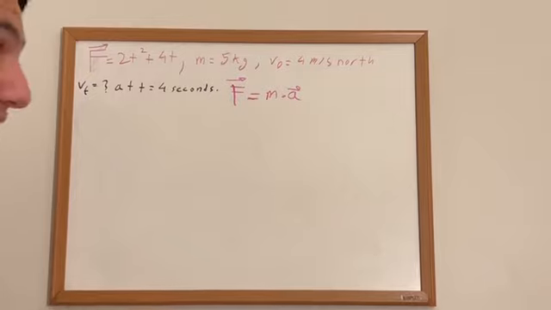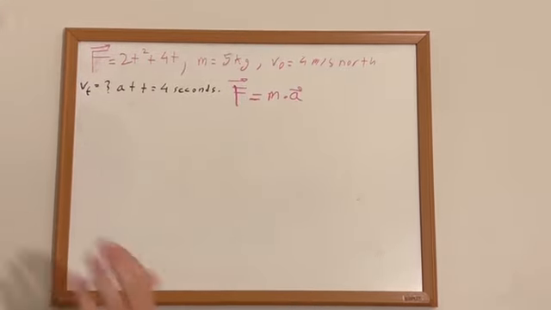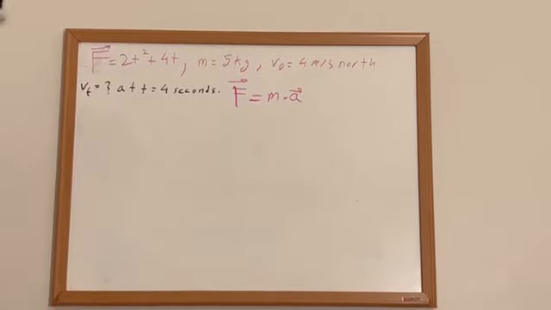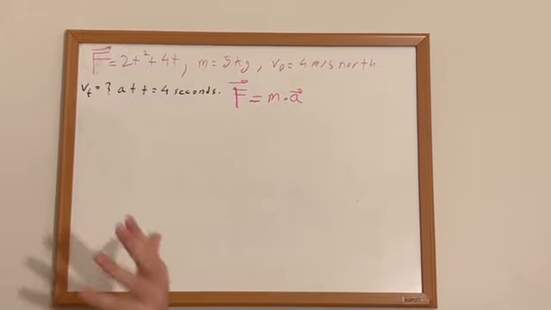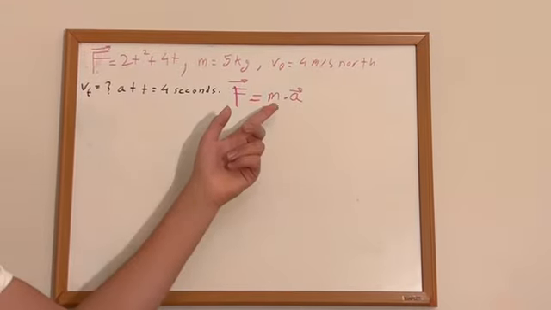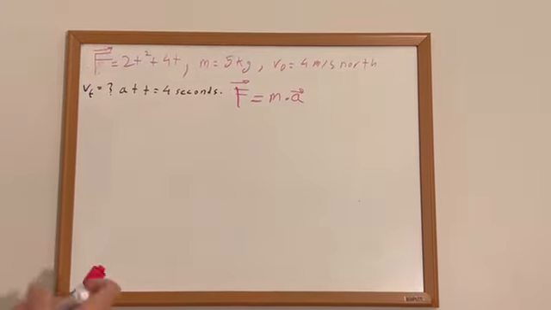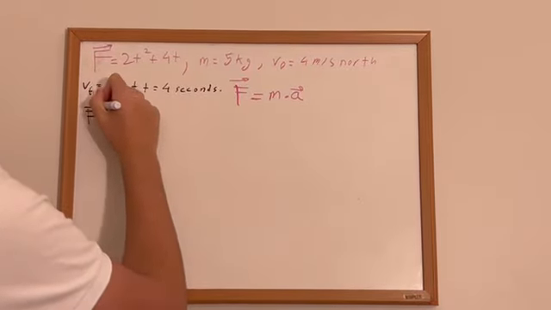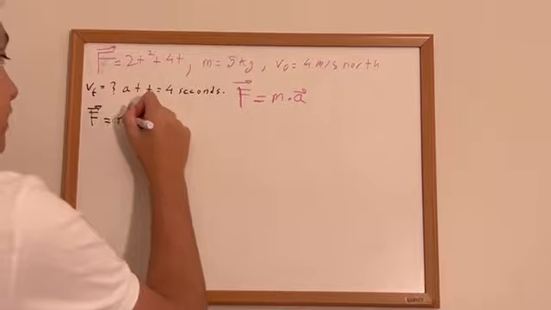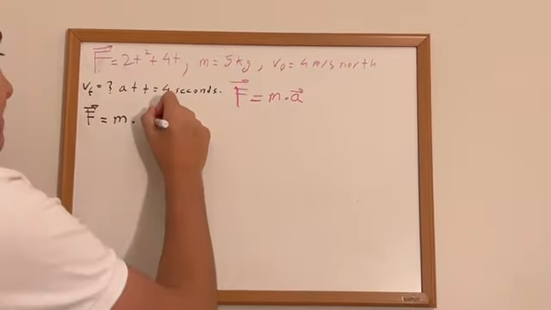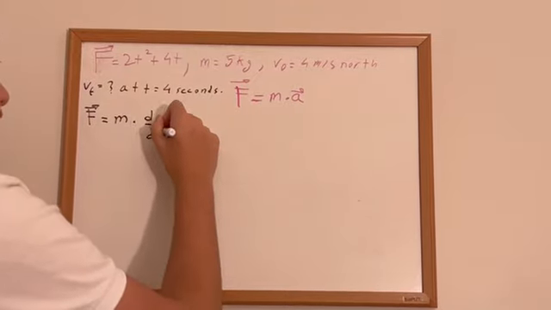How can we find the acceleration? In calculus, acceleration is the derivative of velocity with respect to time, which means the change of velocity with respect to time. So we can write the equation as F equals mass times acceleration, written as dv over dt.